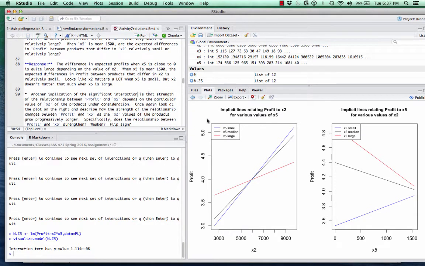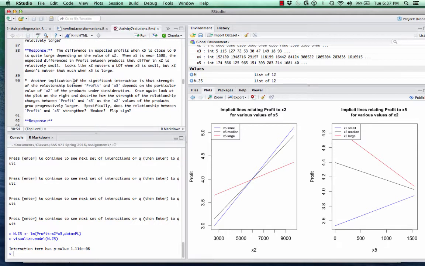All right, so what we have been talking about already is that the other implication of a statistically significant interaction is that the strength of the relationship changes. So the strength of the relationship between profit and x5 depends on what the x2 value of the individuals that we're focusing in on. So once again, we're going to look at the plot on the right, and we want to describe how the strength of the relationship changes between profit and x5 as we consider x2 values of products that are larger and larger.